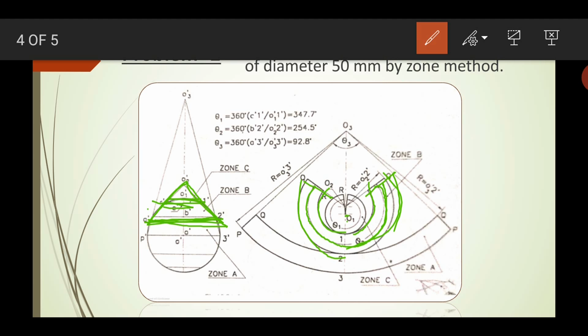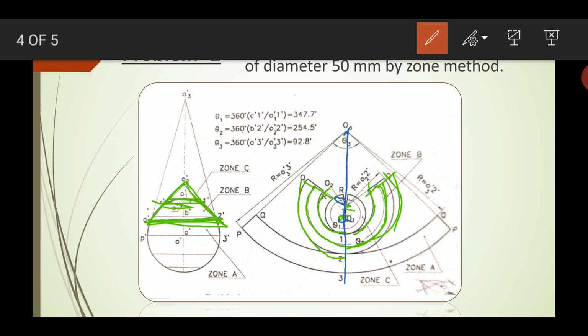Here it is the O1 center point, then another is O2, the center point, approximately here. I'll draw with a different color. This is O1 and O2, and then here O3.